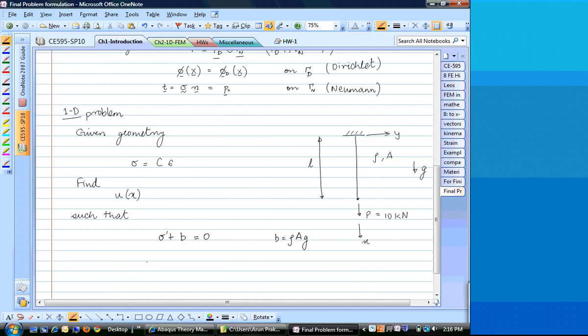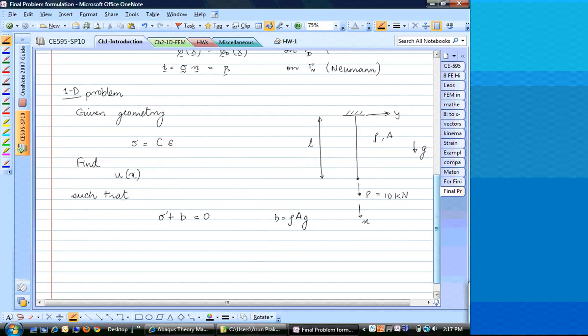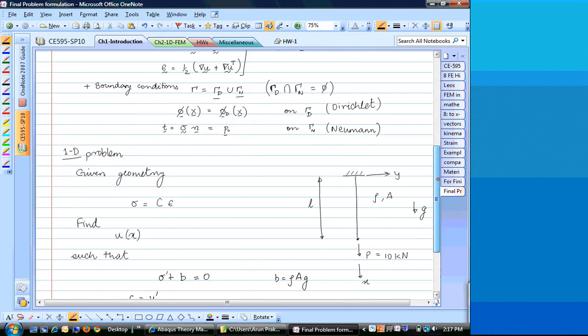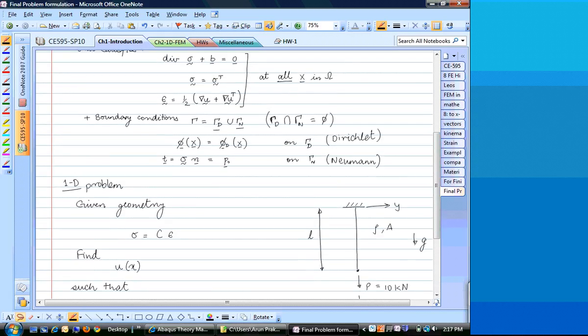And I already know my material law. What is the strain? Strain is equal to u prime. If you substitute in this equation right here, since all the derivatives are with respect to x, grad u is nothing but du/dx. Grad u transpose is equal to du/dx because it's just a scalar. A scalar transposes to itself.